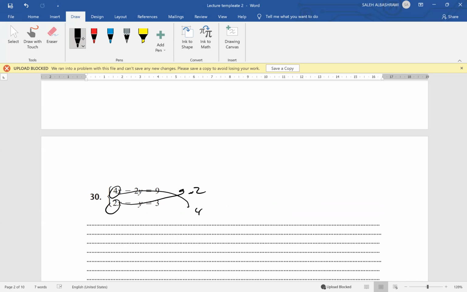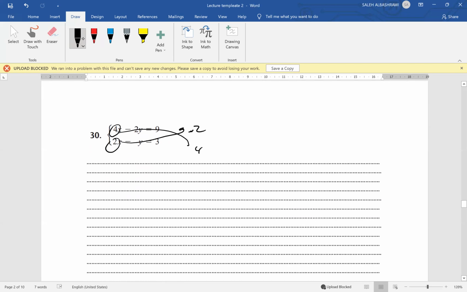They have the same sign, so I will make one of them negative. If you multiply, the first equation will be minus 8x plus 4y equal to minus 18. Second equation is 8x minus 4y equal to 12.